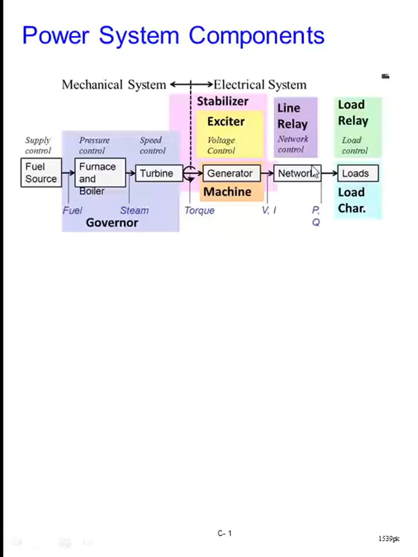So depending upon the frequency dip, if I say the nominal frequency is 50 hertz, depending upon a defined range of frequency dip from the nominal value, a predefined amount of load shedding will be applied.